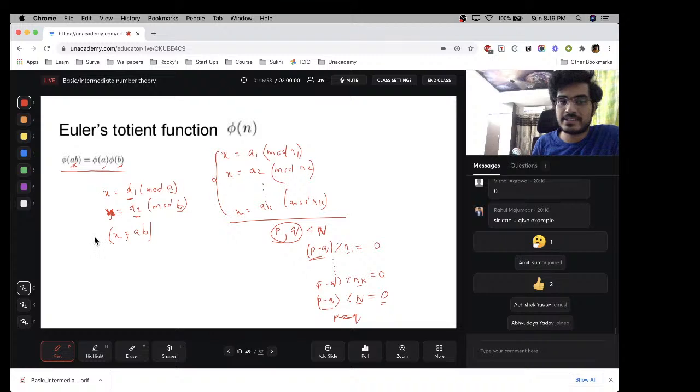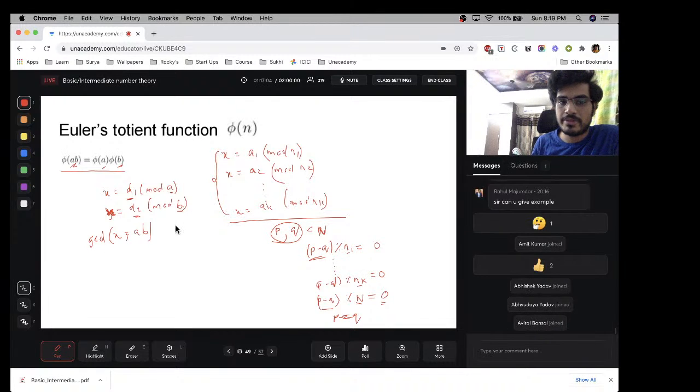GCD of x comma ab will be equal to 1. If d1 is coprime to a and d2 is coprime to b, then GCD of x comma a into b will be equal to 1.